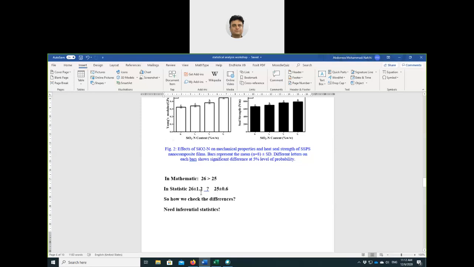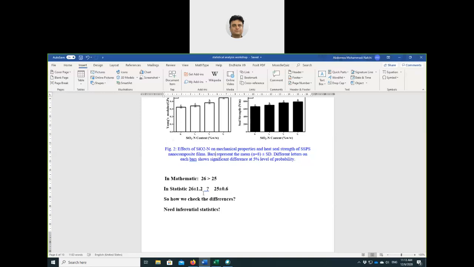In statistics we say that they are different, but you cannot say that this is significantly different. In statistics we need to report whether this difference is significant or not.